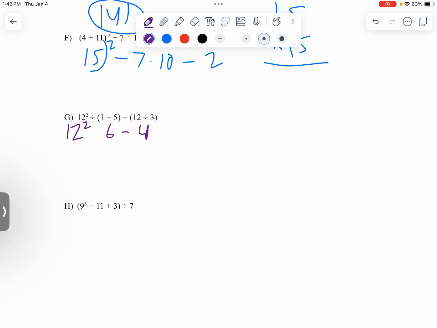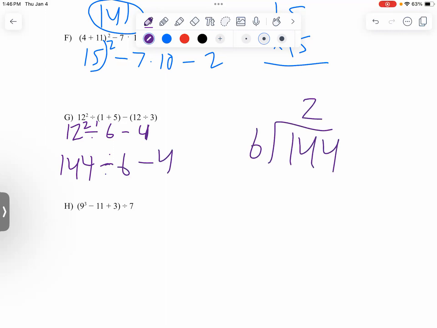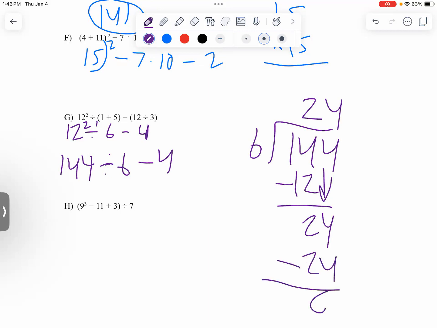Okay, so 12 squared divided by, okay, so 12 squared is 12 times 12, 144, not 24, divided by 6 minus 4. So 6 into 144. 6 times 2 is 12. And then 6 times 4 is 24. So that's 24 minus 4 is 20.